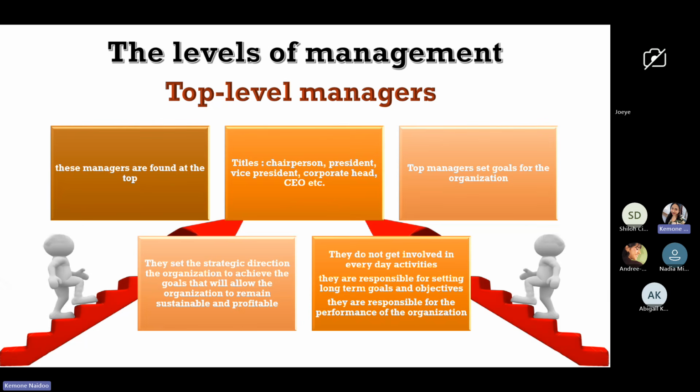Top managers are the ones setting the bigger goals and objectives for the whole organization. They are not concerned with the smaller activities like daily operations or what's happening in terms of sales on a daily basis. They are more concerned with the bigger picture and forming that bigger picture.